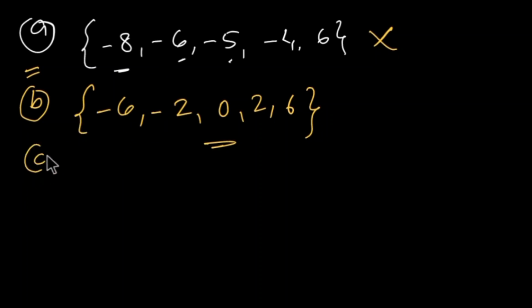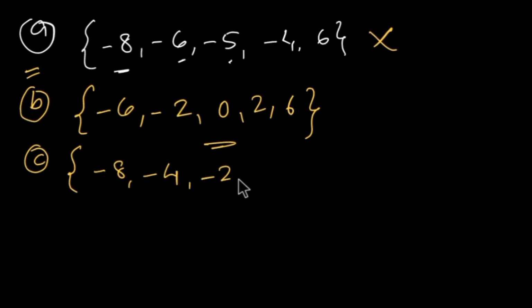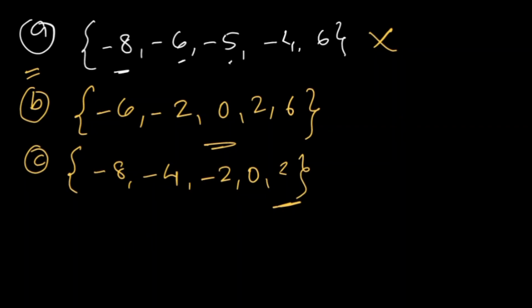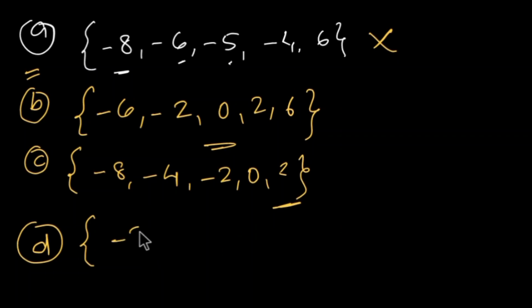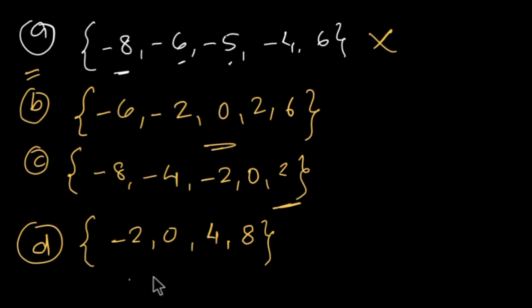Option C: minus 8, minus 4, minus 2, 0, 2. All the numbers are also available here. And the last one is D: minus 2, 0, 4 and 8. All of these are again available here.